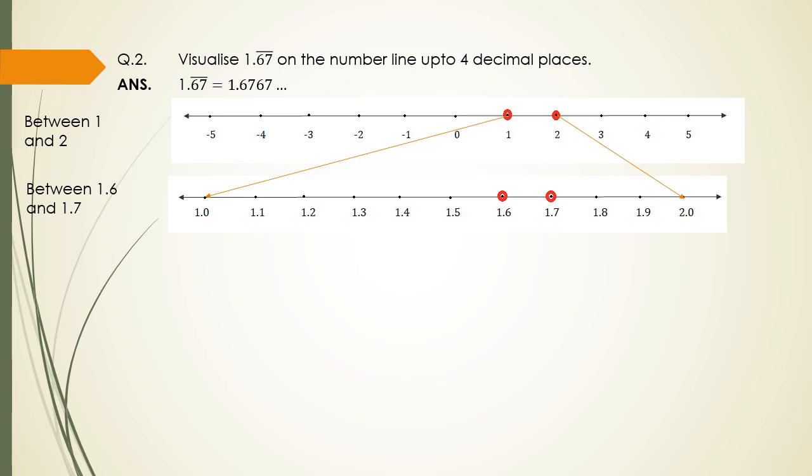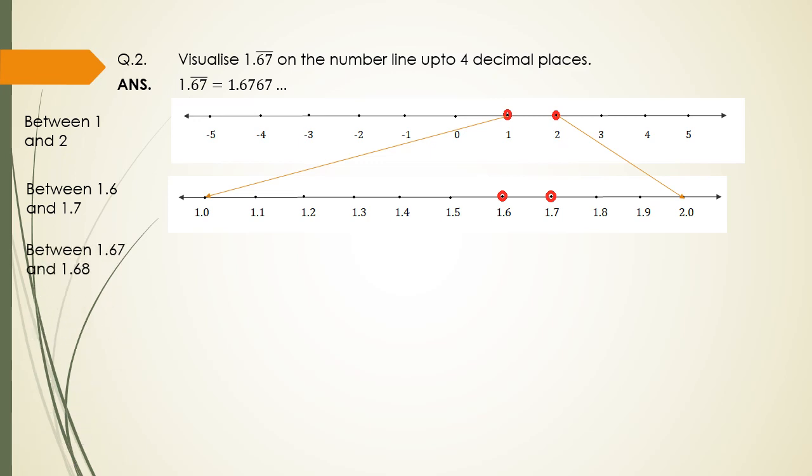It has started from 1.6, so 1.6 is the first number which you are going to consider for the next step, and the successive number after that is 1.7, meaning our given number will lie between 1.6 and 1.7. Now once again we are going to magnify the portion of the number line between 1.6 and 1.7 and divide that into 10 equal parts.